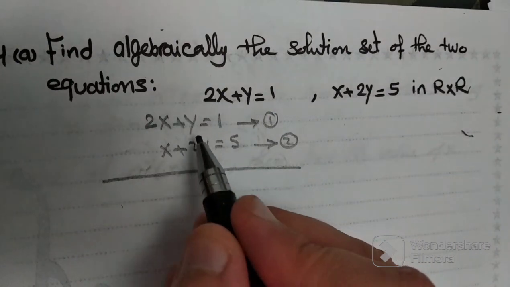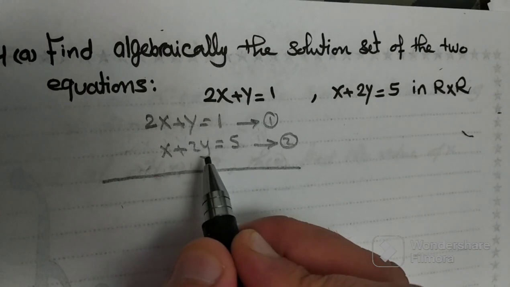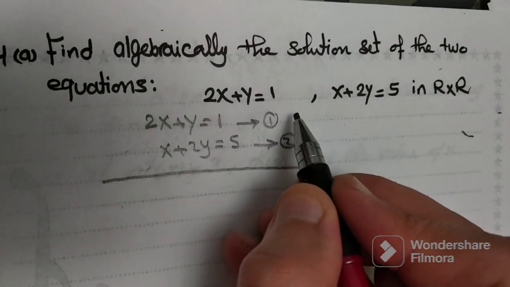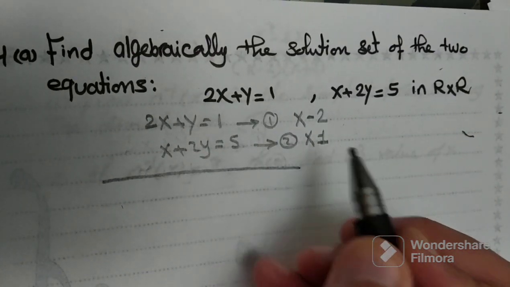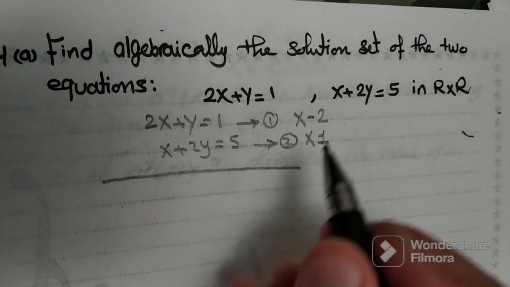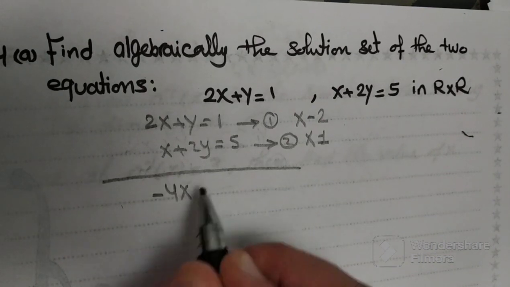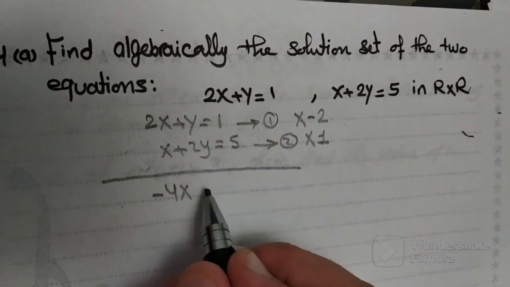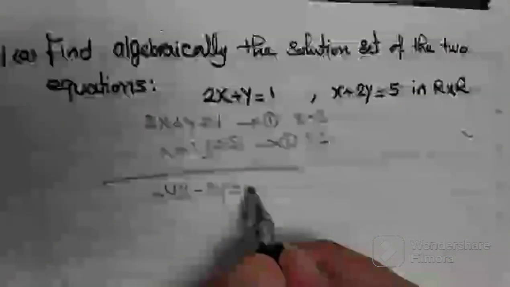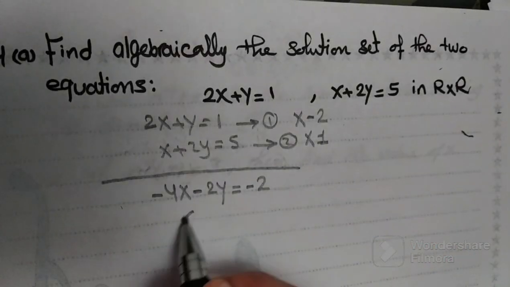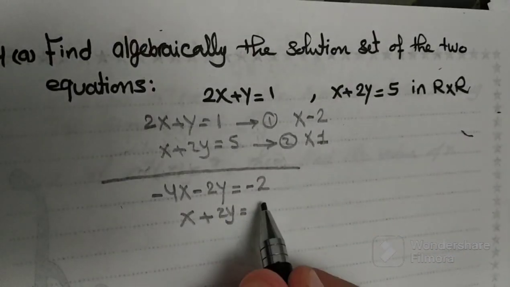So I'll take y, and to do the same, I'll multiply the first equation by -2 and the second by 1. -2 multiply 2x, -4x. -2 multiply y, -2y equals -2 by 1, -2. 1 multiply x, x, plus 1 multiply 2y, 2y, 1 multiply 5, 5.